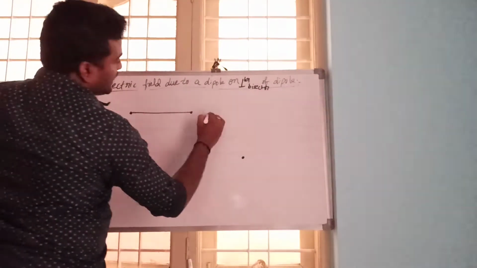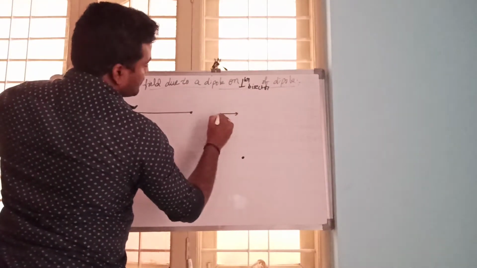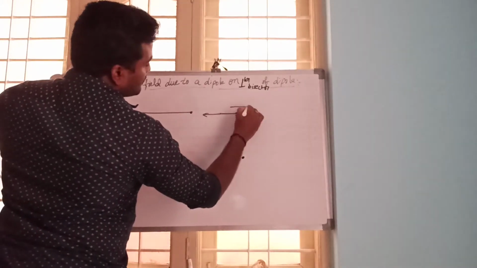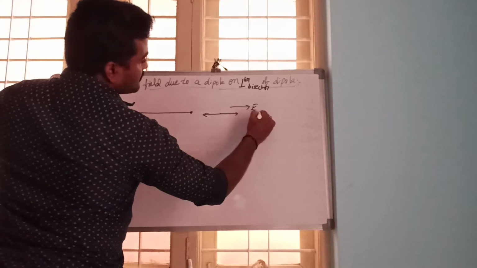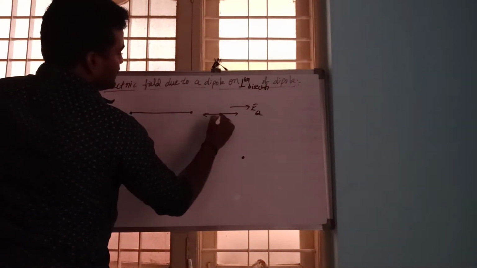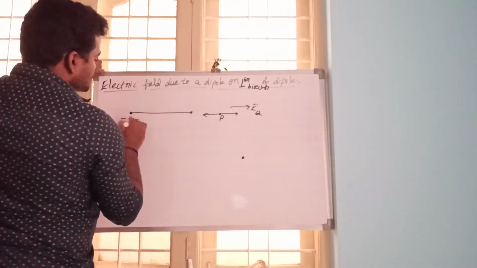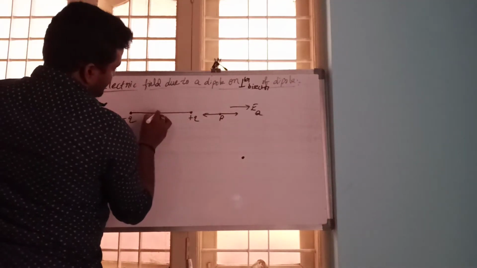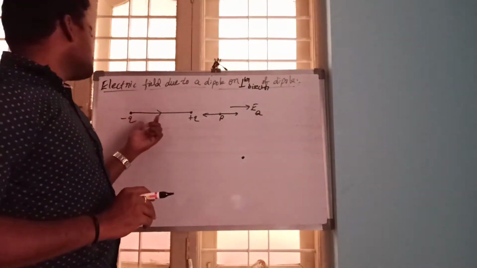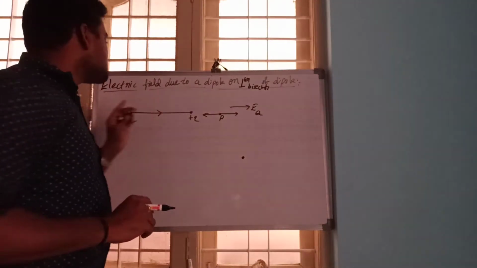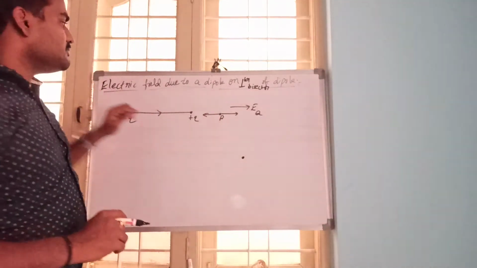When we have done it on the axial line, the net electric field will be away from the point P, and with minus Q and plus Q, the dipole moment is also from minus Q to plus Q, meaning the same direction.